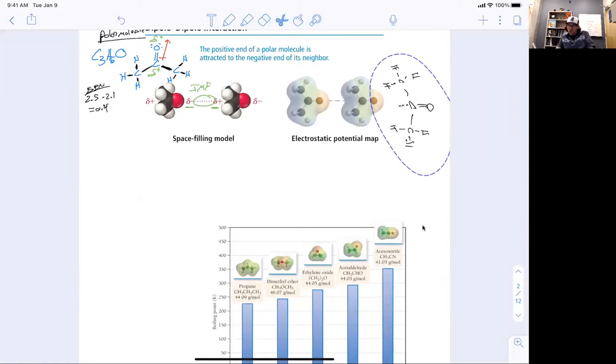If you were to take a picture and count the number of molecules, you'd see most of them are oriented this way. Can you see that? Yeah, most of them are oriented delta plus to delta minus, but that doesn't necessarily mean all of them are. Probably the more polar they are, the bigger this dipole moment here, the more they're going to stick together.